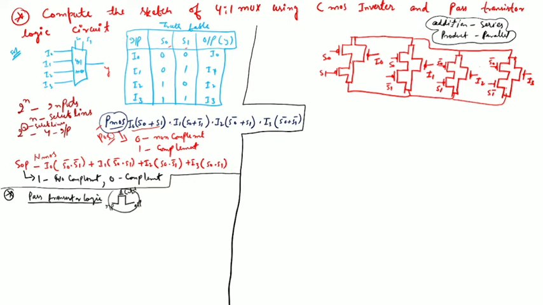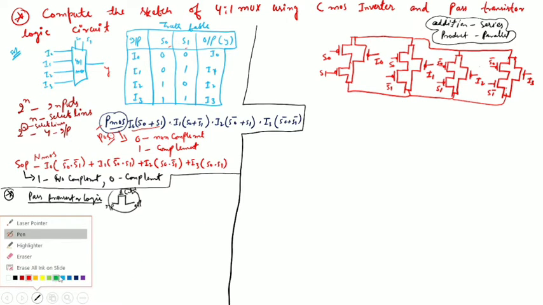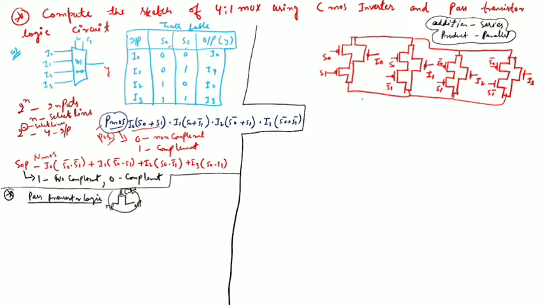Total 12 MOSFETs are used here in the PMOS. And now we are going to draw the sketch of NMOS, the pull down network, with a change of color. Now we will follow this NMOS SOP equation, sum of product equation.